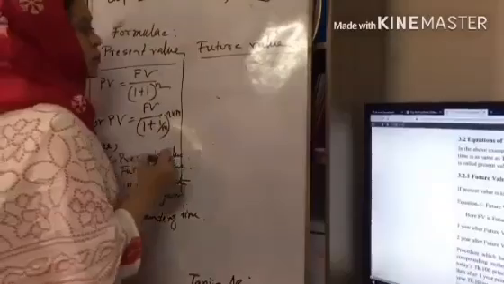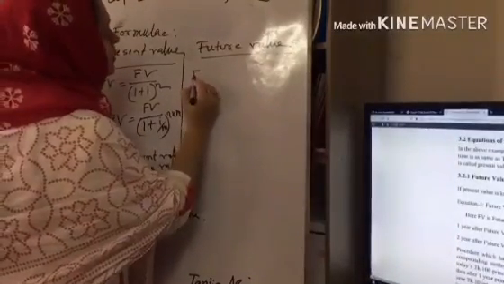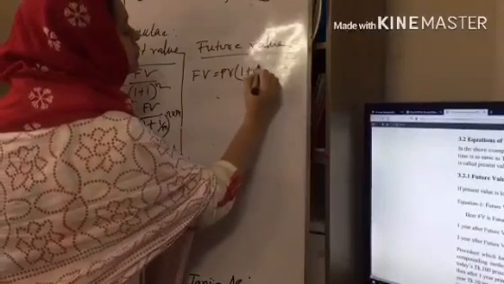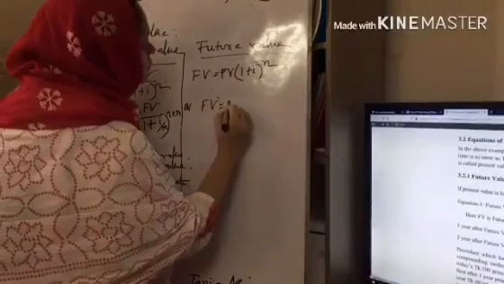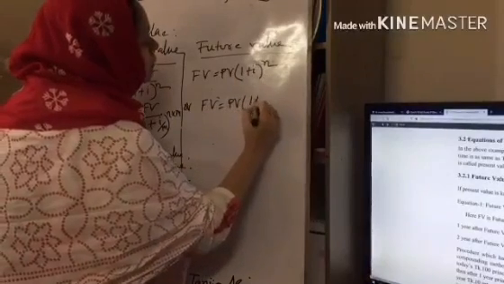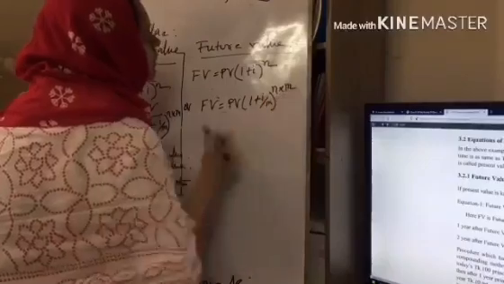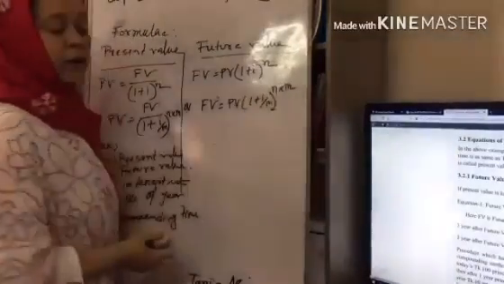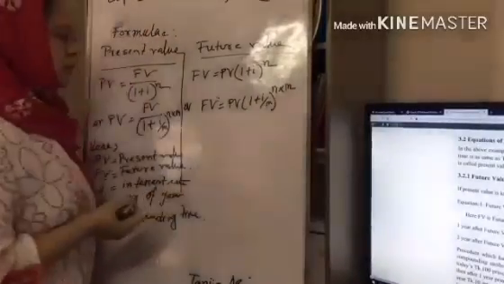And another situation is future value, and to find the future value, the formula is future value equals present value multiplied by 1 plus I to the power n, or future value equals present value times 1 plus I divided by m, to the power n multiplied by m. We know that n equals number of years, m equals compounding number per year, and I is the interest rate.